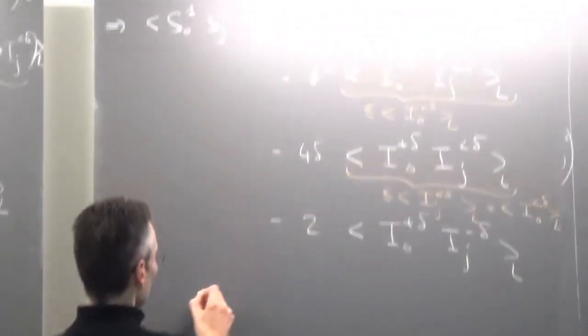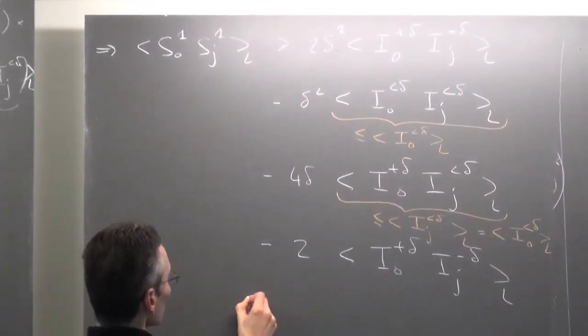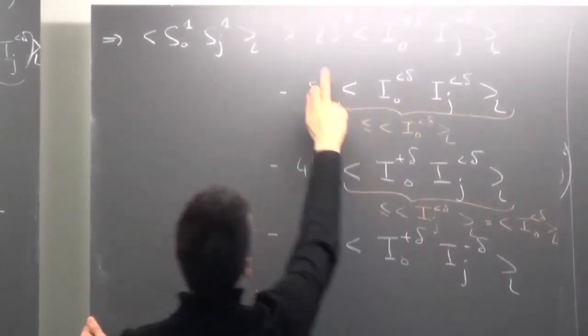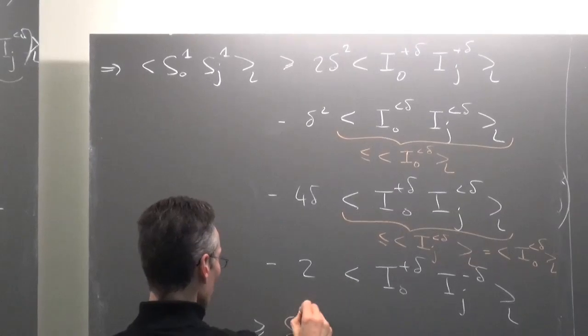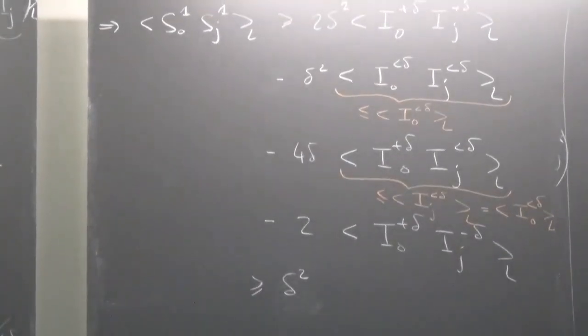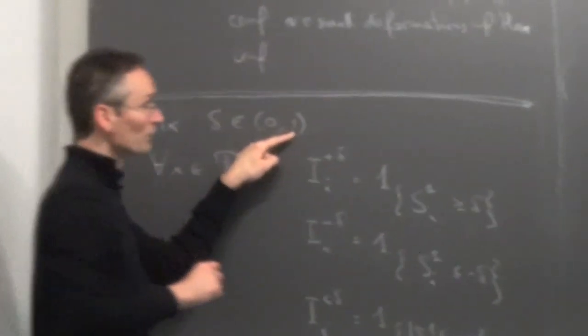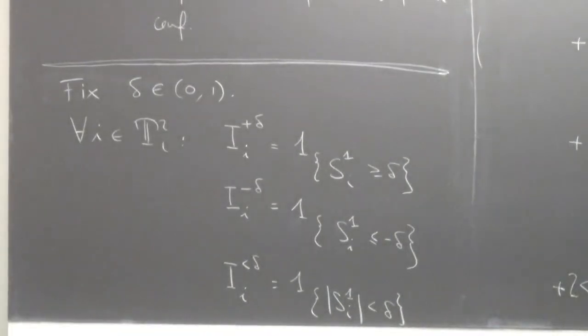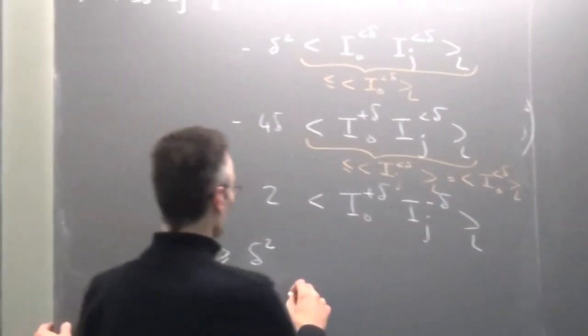So this is larger or equal to 1/2 times 2 delta square, so it's delta square. Remember that I choose delta, so I can choose delta as close to 1 as I want in the proof. So think of this as being basically 1, it's 1 minus something as small as I want. So that's the main term I want. And then the rest are error terms, which I will have to control.